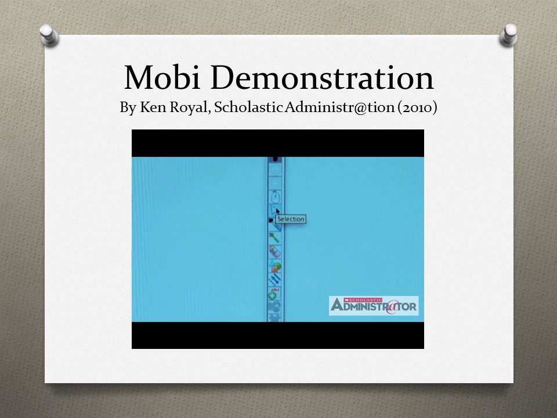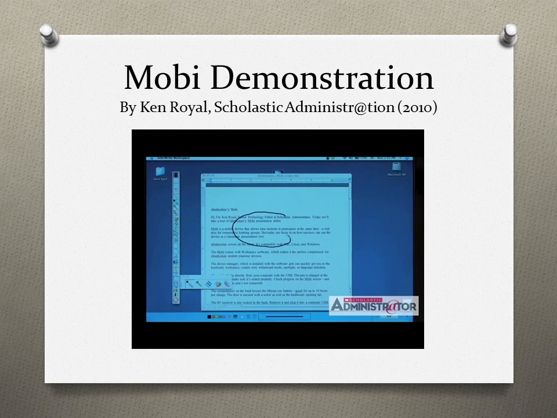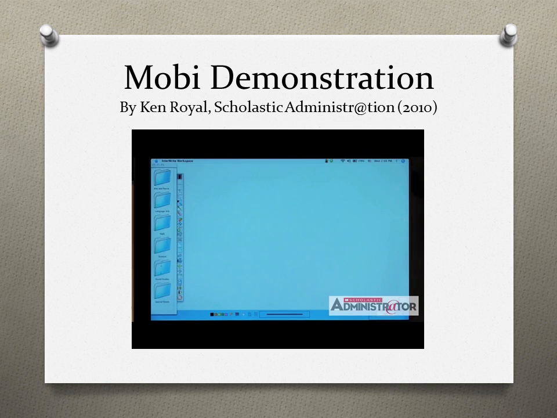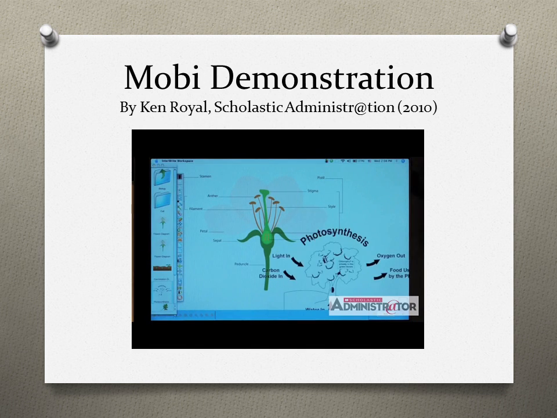The icons on the toolbar are similar to those on the Mobi, but there are a few additional choices. This one is kind of neat. Use the mouse mode to annotate anything you're working on. Click it again, and you're back to your desktop. Click on the Gallery tool to access pre-installed images in all curriculum areas. Here's one on plants and biology.